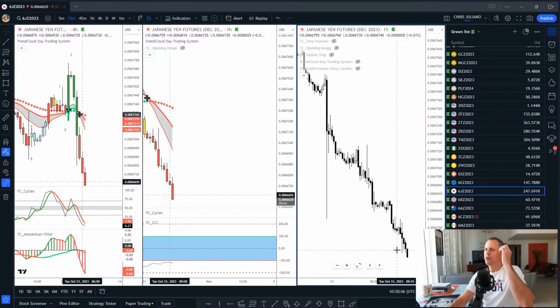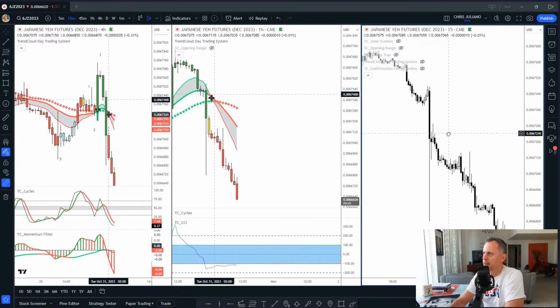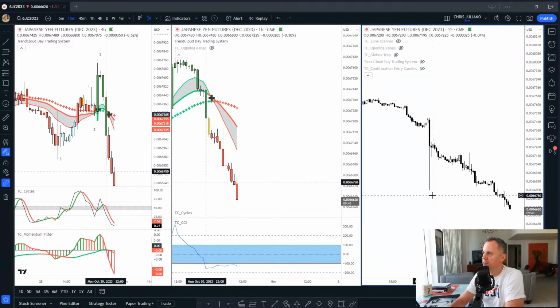My goodness. Notice this. This is what you look for on the Japanese yen. This candle here is a continuation candle.